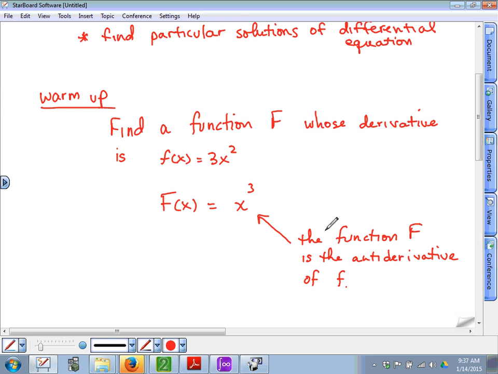And how do we know that it's the antiderivative? Well, what if we took the derivative of capital F? What do we get? 3x squared.